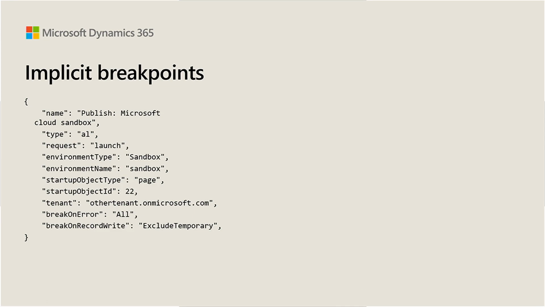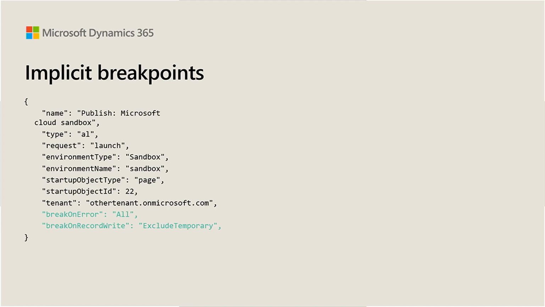Then implicit breakpoints, these are a bit special. These are for specific scenarios where we can break without having to explicitly specify breakpoints for each of the cases. In this case, it's when we have errors or when we modify records. And we do this using these two parameters in the launch.json configuration.